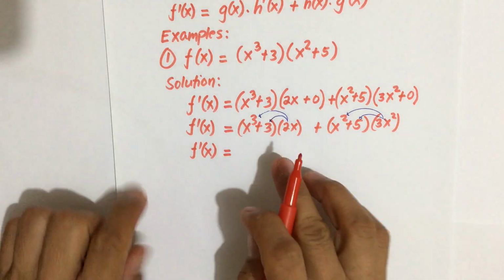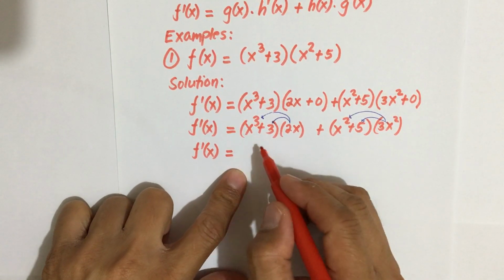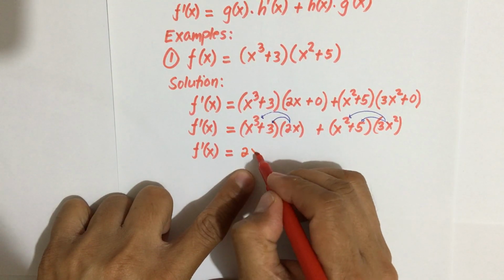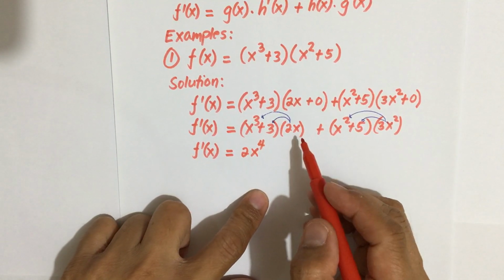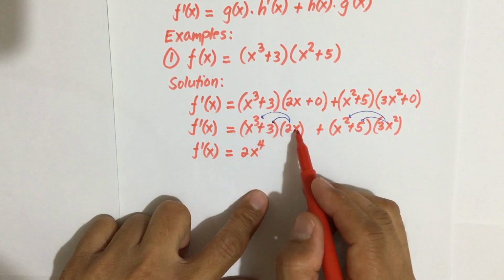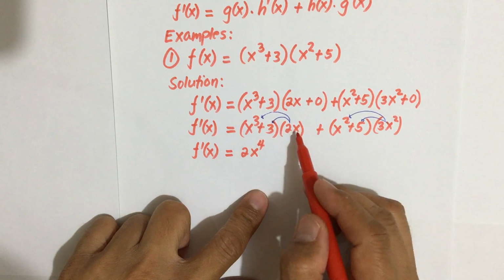So we have 2x times x cubed. So this is 2x to the fourth. In the law of exponents, you just add the exponents of the two. The bases here are x and x.